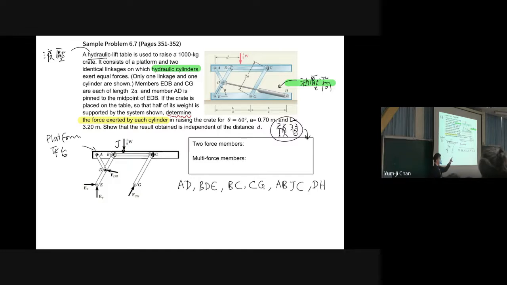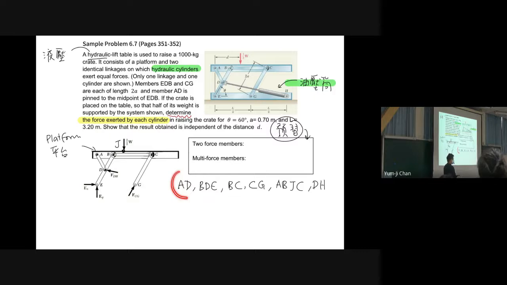Two force members are members with external forces acting only at 2 points of the structure, at 2 points of the rigid body. So, a two force member is a rigid body that has only 2 points with external forces. Let's look at them one by one.